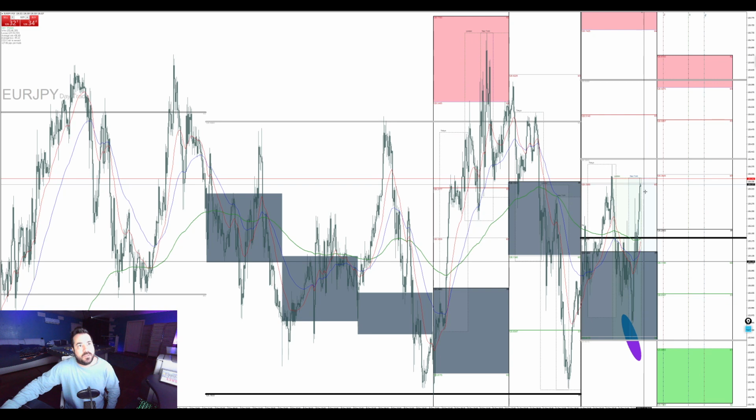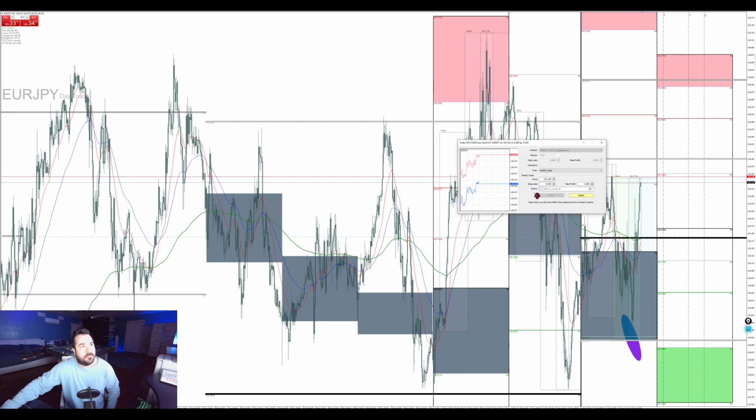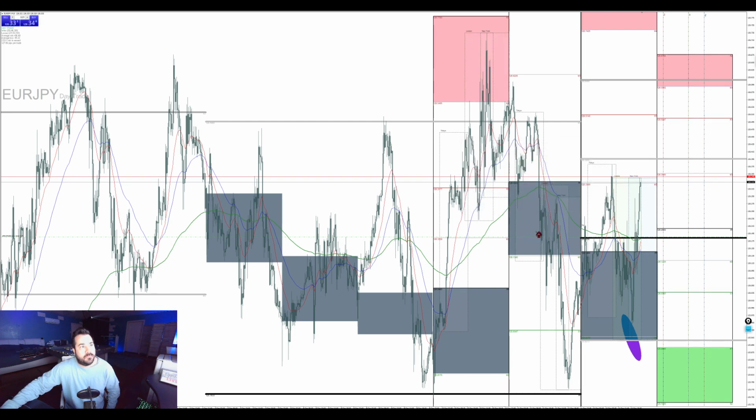Alright, so this spread. Alright, that's incorrect.